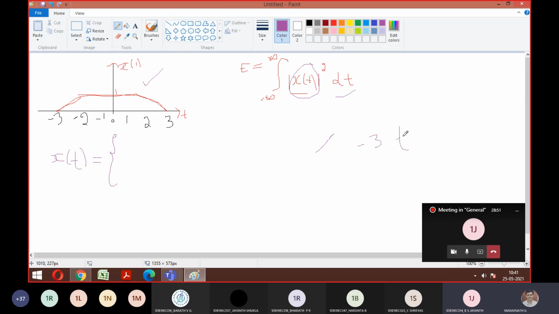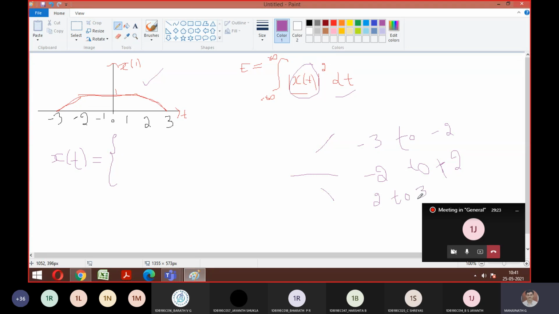Then I have a constant signal from -2 to +2. Then again a dipping ramp from 2 to 3.